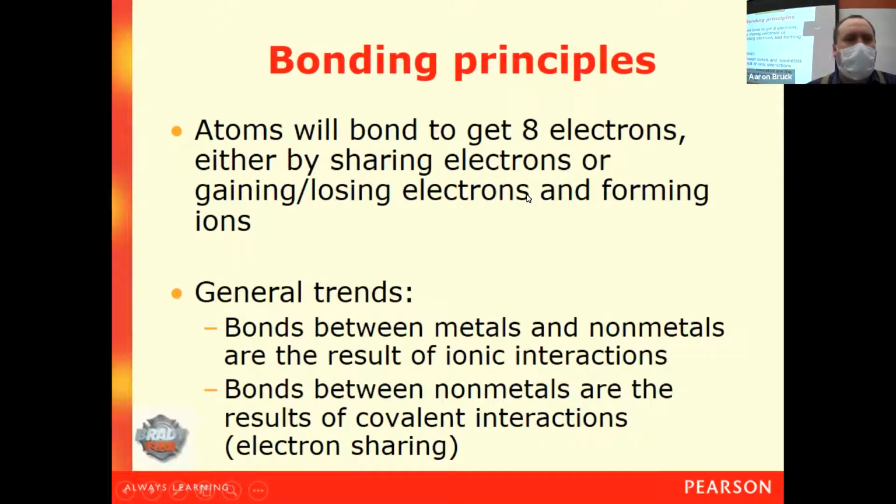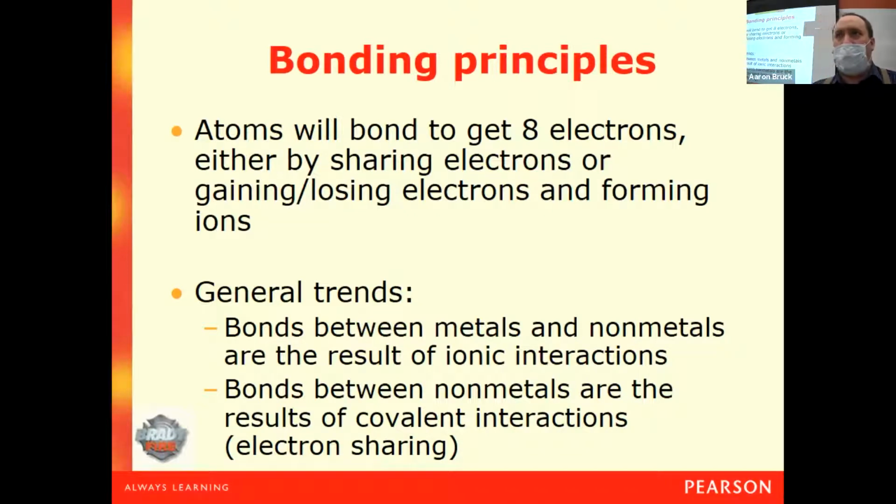And we ended with the concept overall here that when bonding occurs, it's going to be because 8 electrons are required for every element. That's the octet rule. And so atoms, elements are going to do something in the way of chemical bonding to get to 8 electrons.